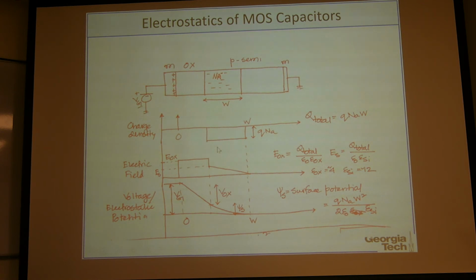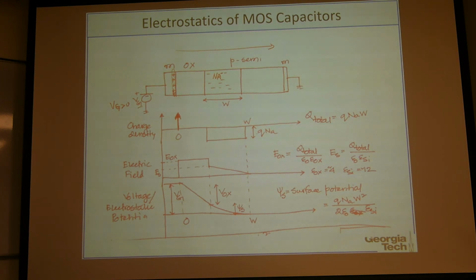So let's draw the charge density along this direction. Of course, when you apply positive voltage to the gate, the metal surface will accumulate positive charge. So you have positive charge here. And then the Na minus is a fixed charge by the acceptor.